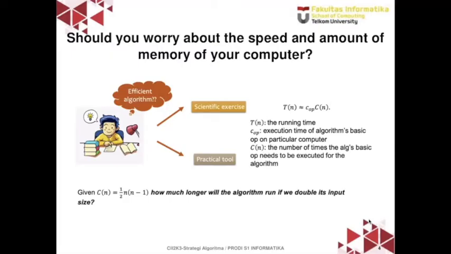We can compute the time of our computer by this equation, where T(n) is the running time we will need for execution, c is the execution time of the algorithm's basic operation on a particular computer, and C(n) is the number of times the algorithm's basic operation needs to be executed.